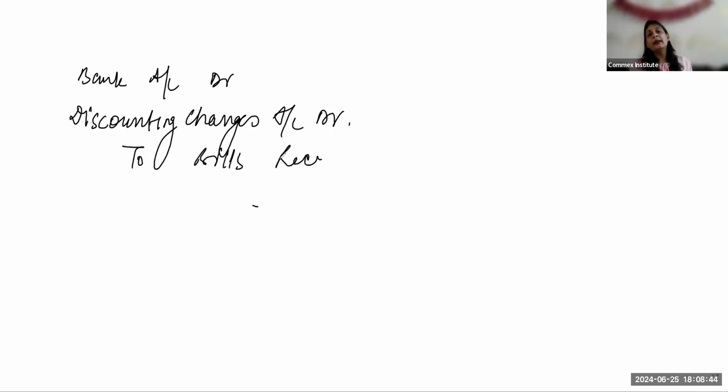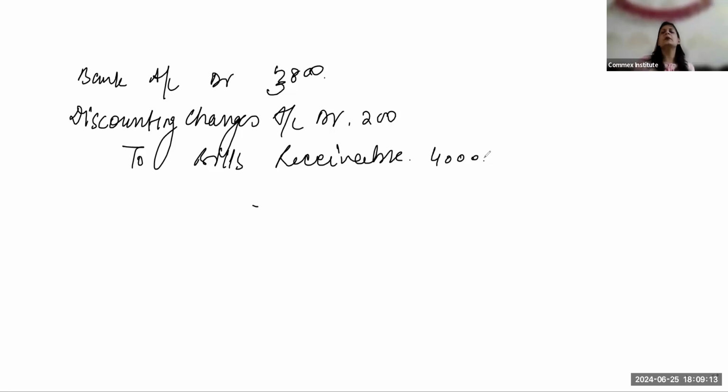This would have been bills receivable earlier, which means we must have received a post-dated check earlier. So either you pass the entry through checks in hand or through a BR. Bank account will be debited by 3,800, discounting charges would be 200, and my debtor who gave me the check would have given me a BR of 4,000. Bills receivable is a kind of post-dated check only.